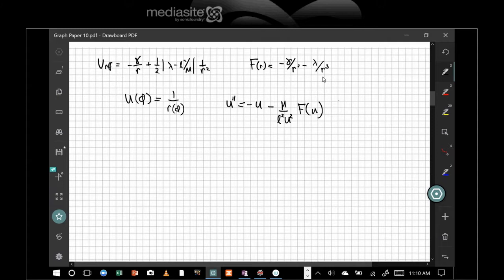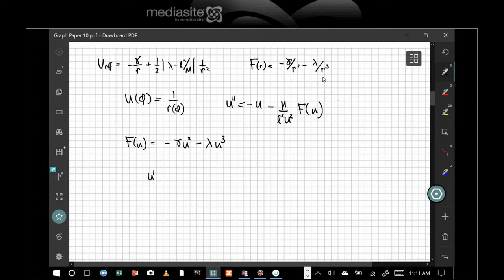So now let's rewrite my force here. My force, now as a function of u, is equal to minus gamma u squared minus lambda u cubed. I'm going to stick that into my differential equation.